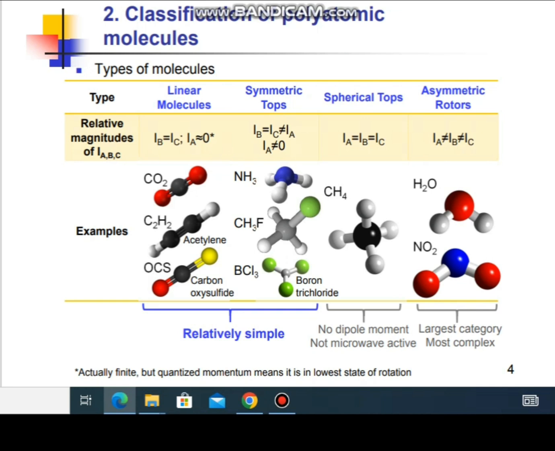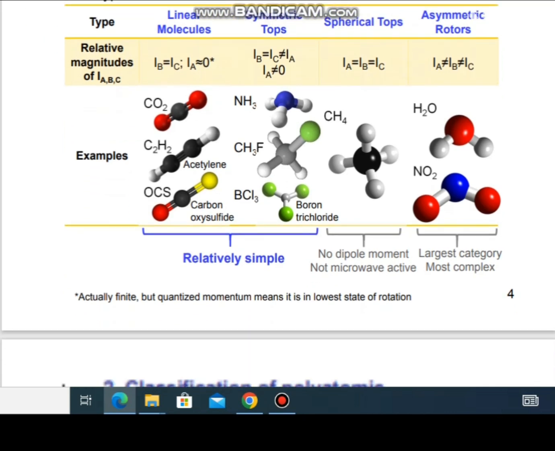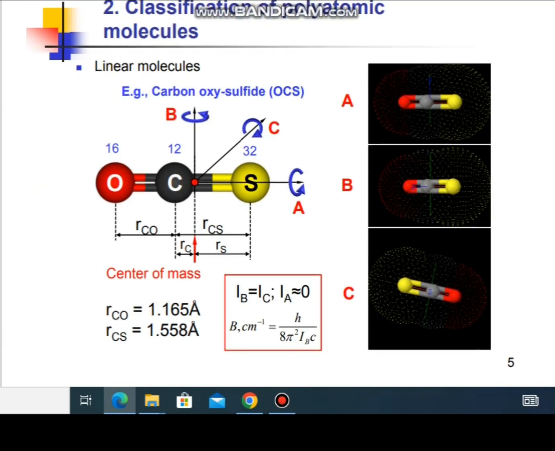For asymmetric rotors, all the 3 will not be equal: the moments of inertia along the axes A, B and C are not equal. So this is how we can classify the molecules and say about the moment of inertia.